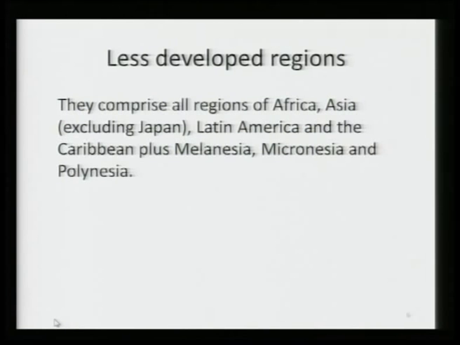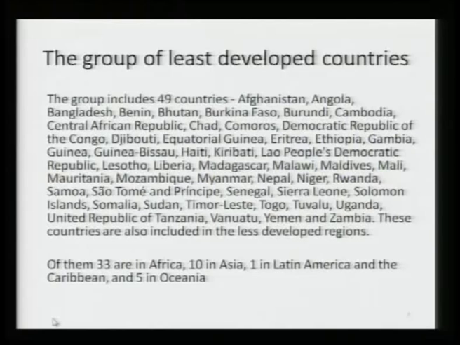All these are considered less developed countries. Broadly, in the so-called third world countries, Asia, Africa and Latin America, a few like Japan are removed from the less developed category, but broadly Asia, Africa and Latin America are developing, and Europe, Northern America, Australia and New Zealand are developed.